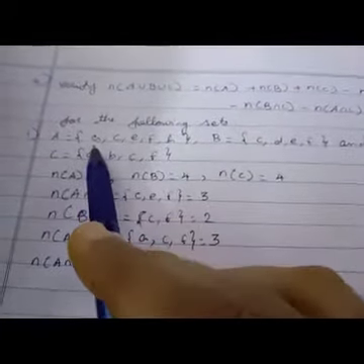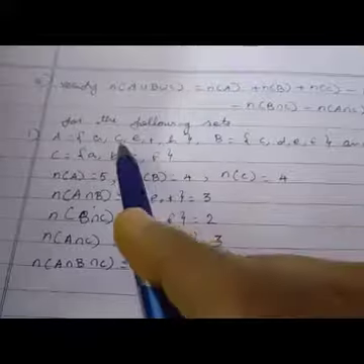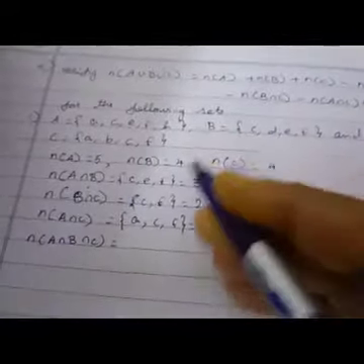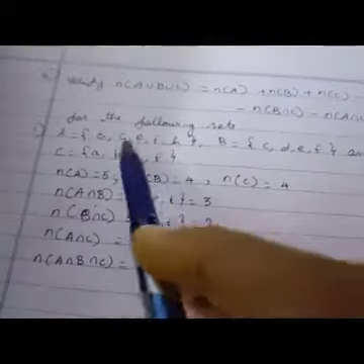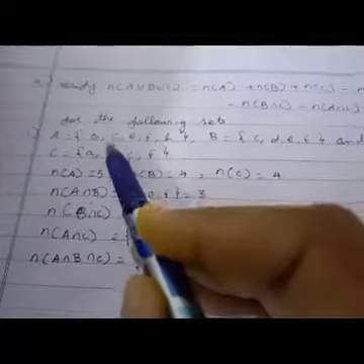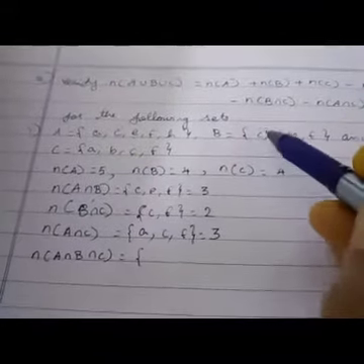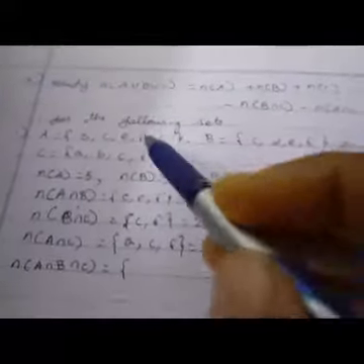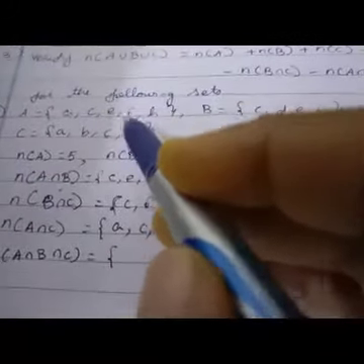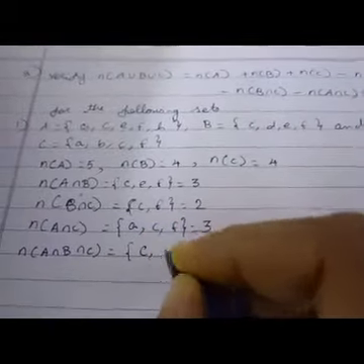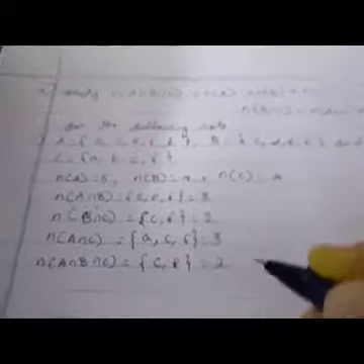So if you see here, C and then F. In set A, C is present, in set B, C is present, and in set C, C is present. Then the other common element is F. Here in set C also F is there. Therefore {C, F}, which is equal to 2.